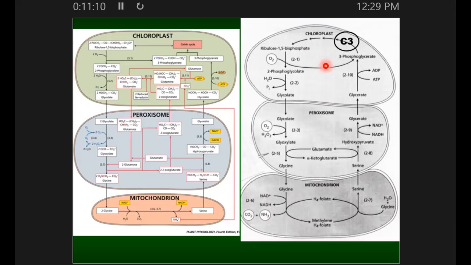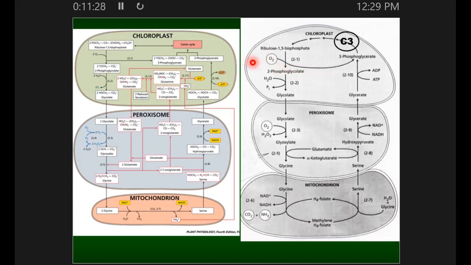But if they experience some adverse habitats, they could kick into the PCO cycle. So in order to kick into the PCO cycle, oxygen has to win and come into the active site.